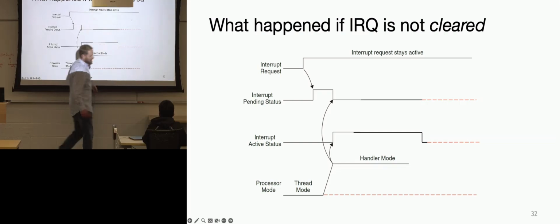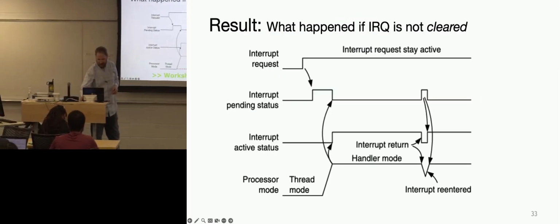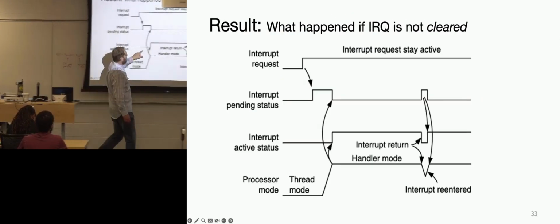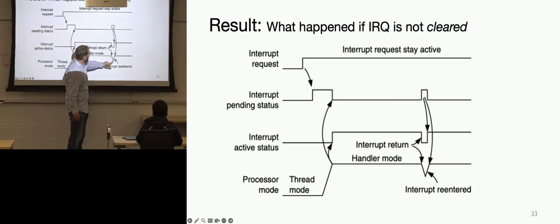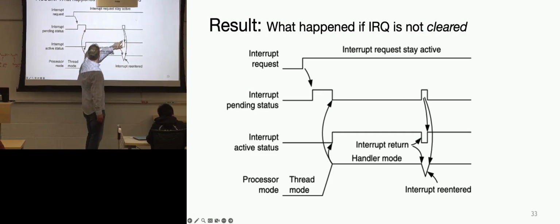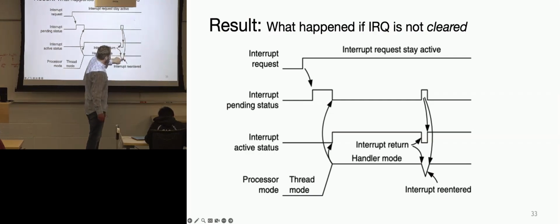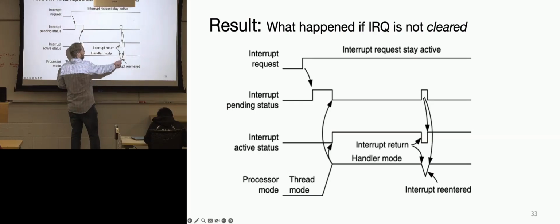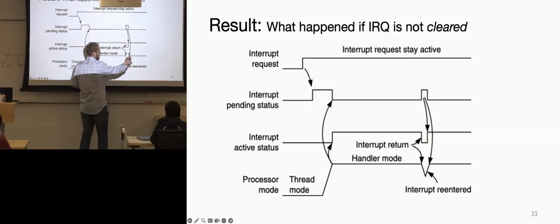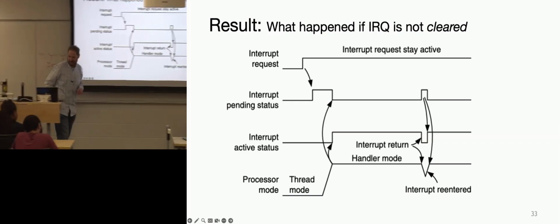Well, if pending's still high, you're still going to exit, you're going to unstack, and then it's going to come back again. It's going to go from pending to still high. Therefore, we're going to go back into pending, then we're going to go into active, then we're going to go back into that interrupt. So in a sense, we kind of wasted some time. We'll talk about this wasted time where we had to stack and unstack, and there's ways to mitigate that issue.